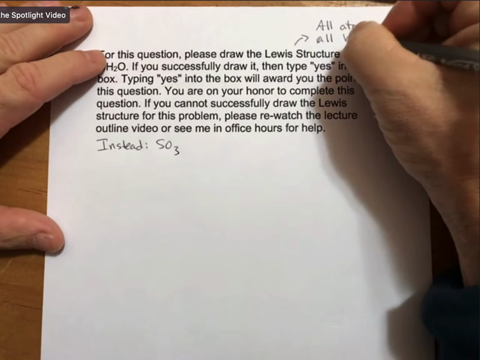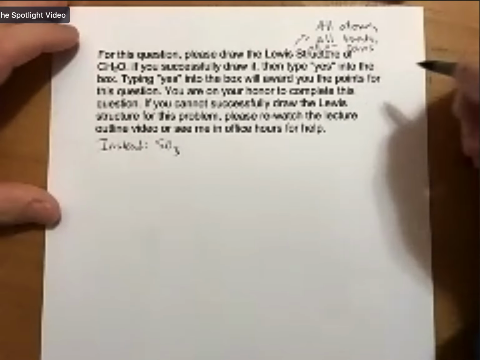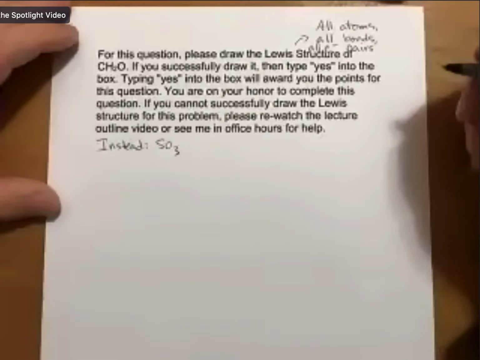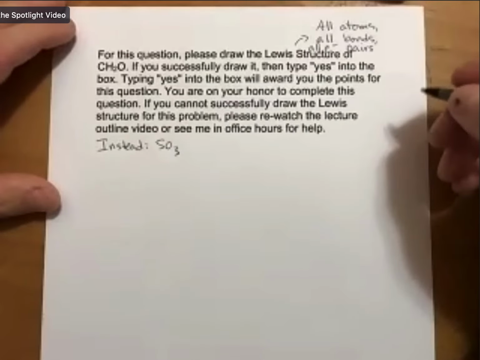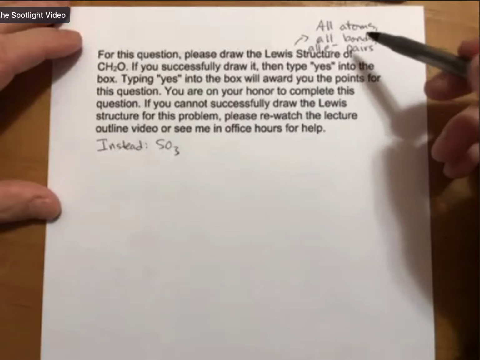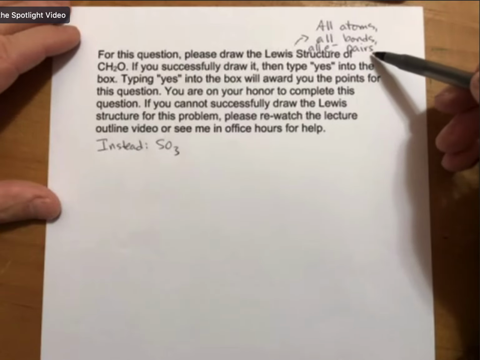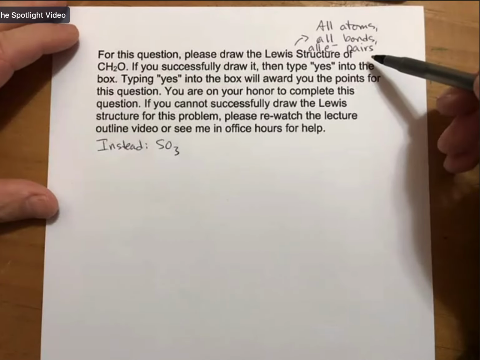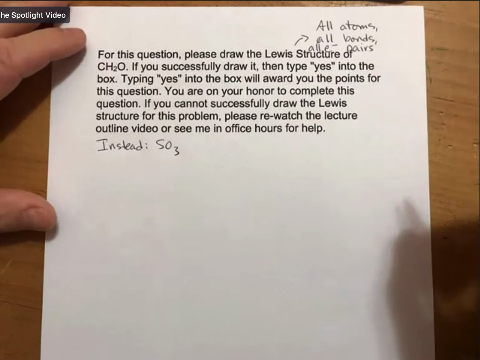Looks like it froze right now. Come on, catch up. That's my definition of a Lewis structure, and it will usually say that, certainly on exams. So Lewis structures: all atoms, all bonds, all electrons. Electrons are usually the only thing that people forget.